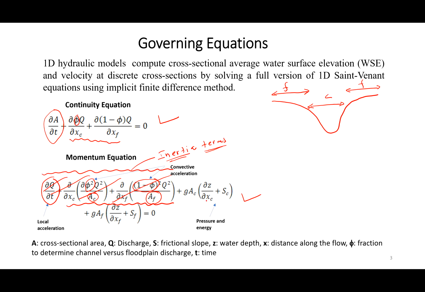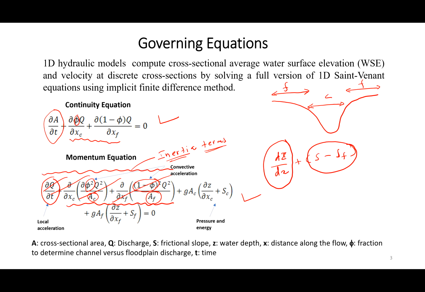If you look at this equation in literature, you may just see dz over dx or dh over dx plus S minus Sf, or Sf minus S, I don't remember exactly. This is the pressure term, the hydrostatic pressure that is caused by the change in the height of the water. And this is the frictional slope term, or the energy term.